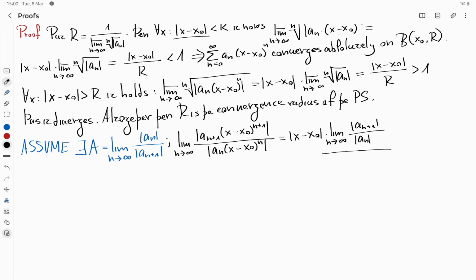But we recognize this. This is this, but just the reciprocal value thereof, right? So we know that this is equal to the absolute value of x minus x0 over a. Now, we have that for the absolute value of x minus x0 times 1 over a being smaller than 1, the power series converges.